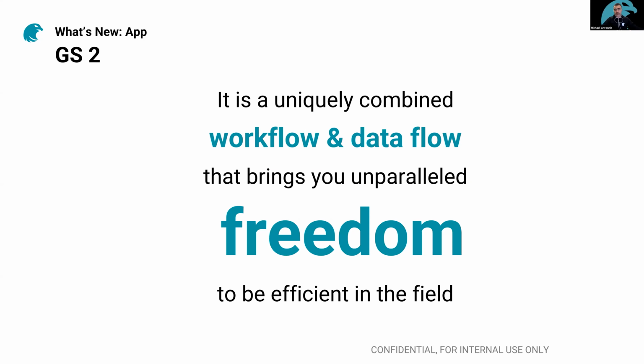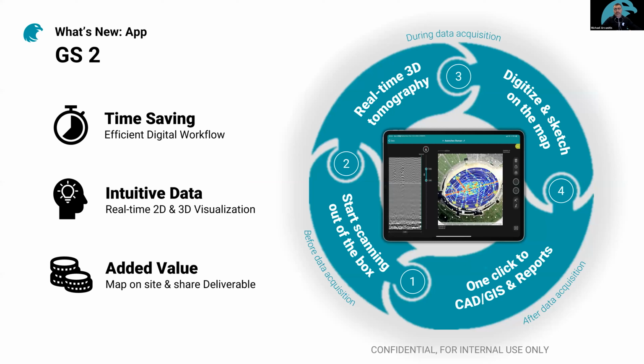So what does it mean for you? More freedom, more efficiency, lower costs, and so on. Let's discuss that. With the new GS version number 2, you save time because your workflow is more efficient and faster as well. On top of that, you get intuitive data.